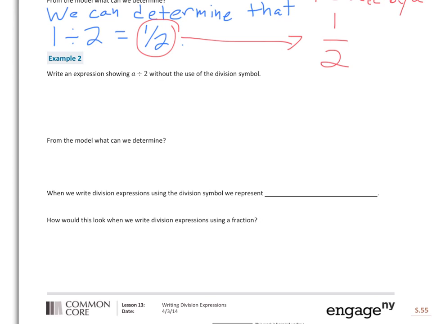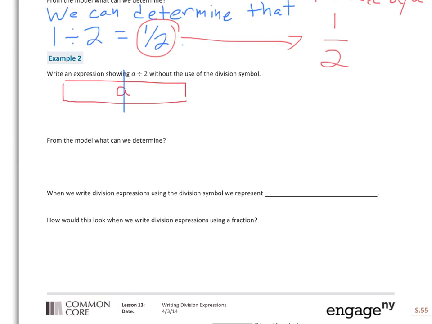So we have a divided by 2. In this case, this doesn't stand for 1. This is a. We don't know what a is, but we got a. Now we're going to divide that in 2. So I'm going to slice it in half, and now it's in 2s.